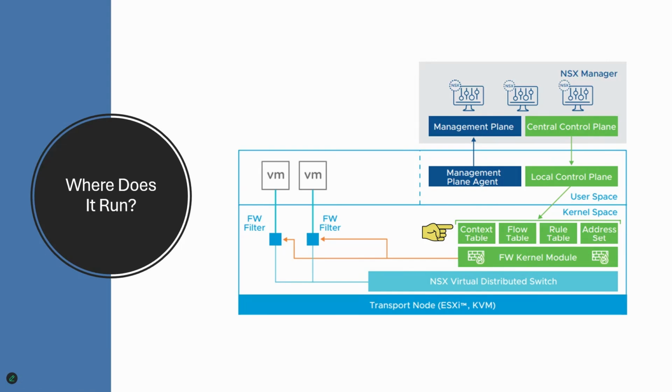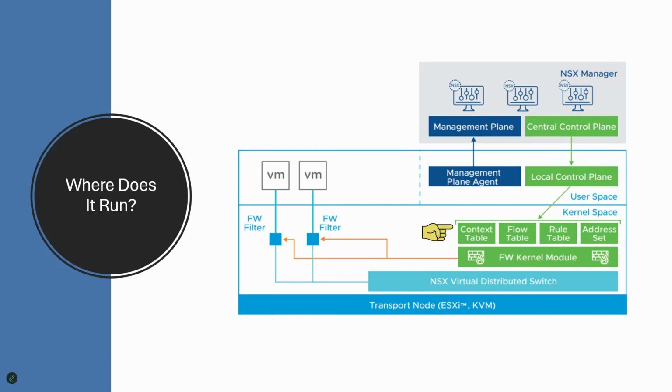Now, each ESXi host which is part of that particular cluster is an enforcement point. For example, if I have 10 hosts, then we will have 10 firewall enforcement points. If we add more hosts, then firewall capacity automatically increases. That is one of the beauties of this distributed firewall.